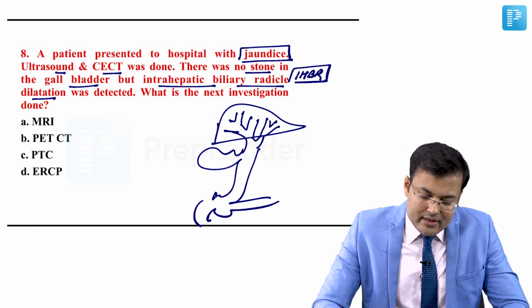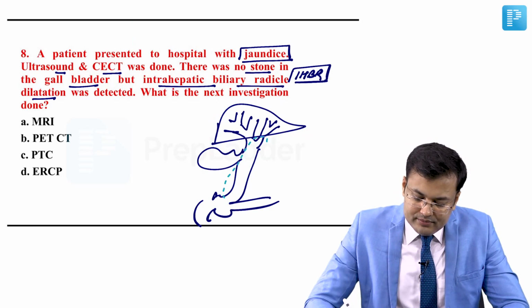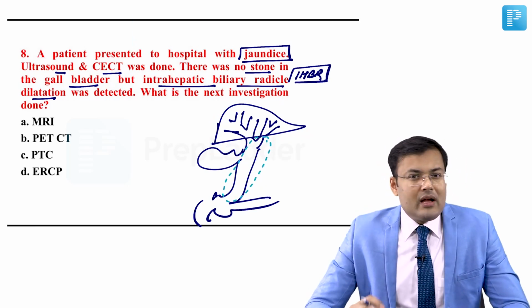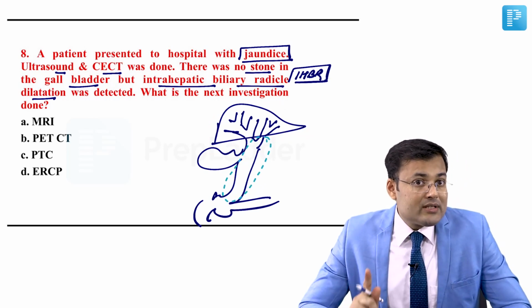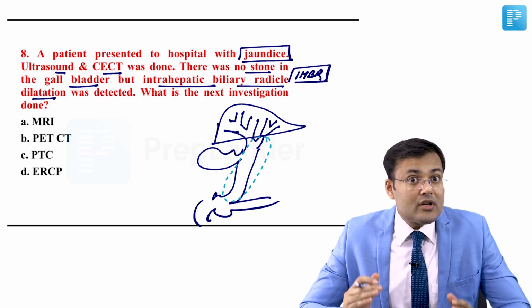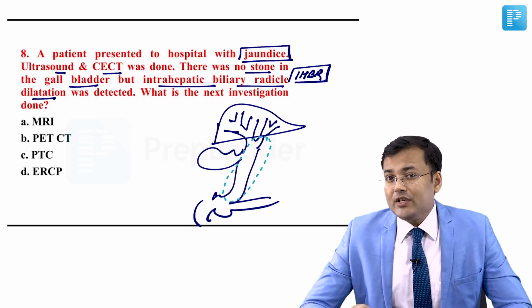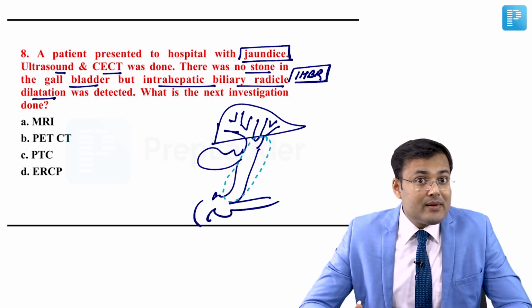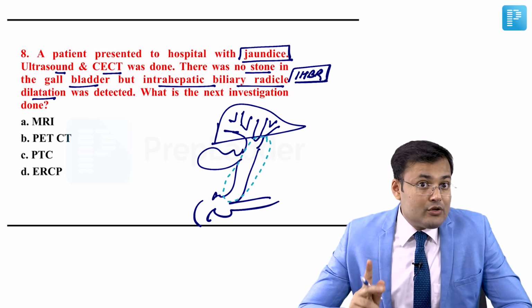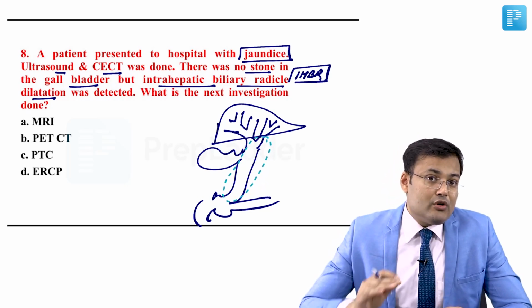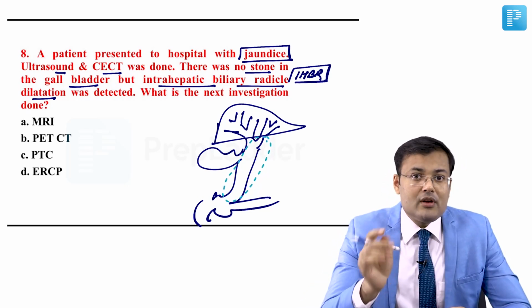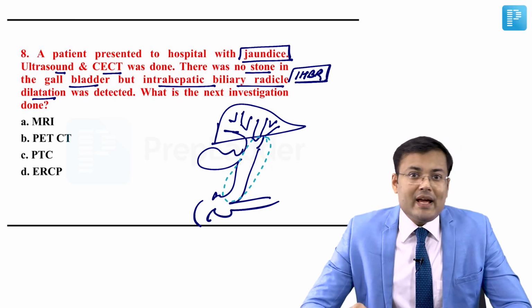So most probably the obstruction is somewhere here. Clear? And for accurate assessment of the level of obstruction of CBD, what is the investigation of choice? It is MRCP. So in such patients, you have to look for the CBD obstruction. What's the level? We go for MRCP.